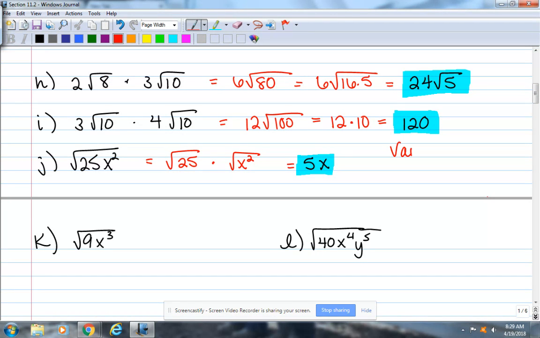Variables, I'm going to highlight this, are perfect squares when they have even exponents.